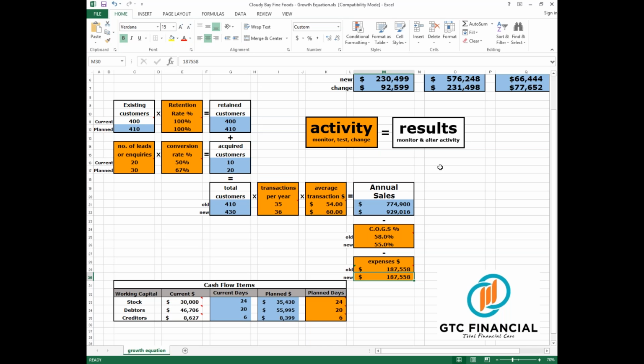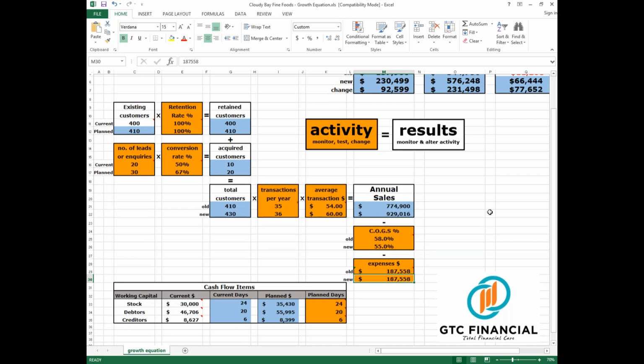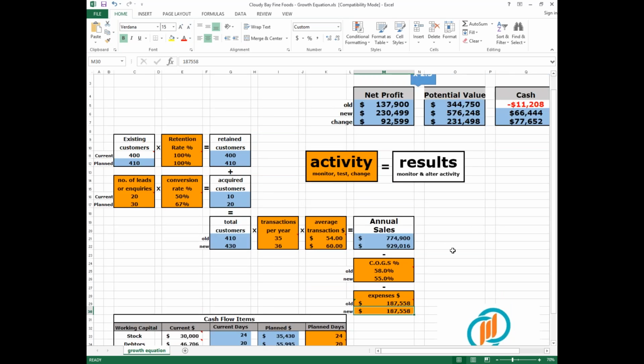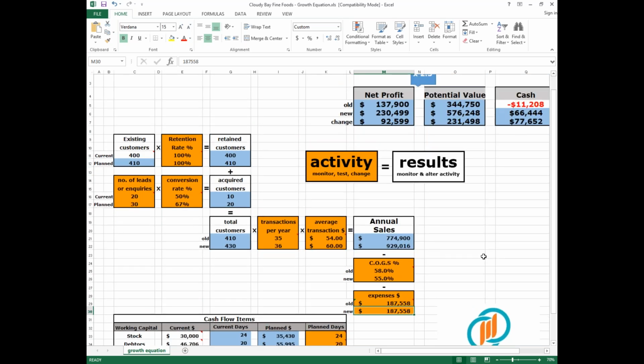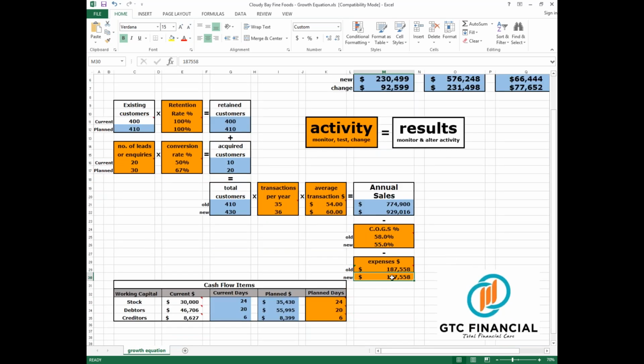The other thing I think she'll need, if she's now earning $230,000 profit, she's going to be needing a bit more accounting support to do tax planning before the end of the year to make sure that she doesn't go over the highest marginal tax rate, so she'll lose a bit of tax if she doesn't do some tax planning. So what I'm going to suggest here is that we increase the expenses a bit. So if we increase the expenses, just say by another 13,000 to take it up to 200-odd thousand.